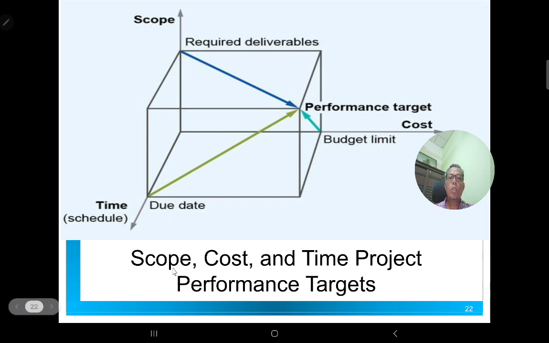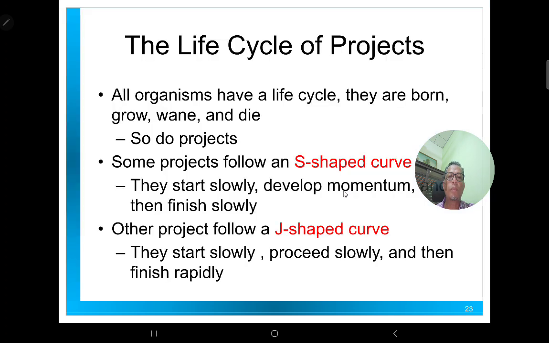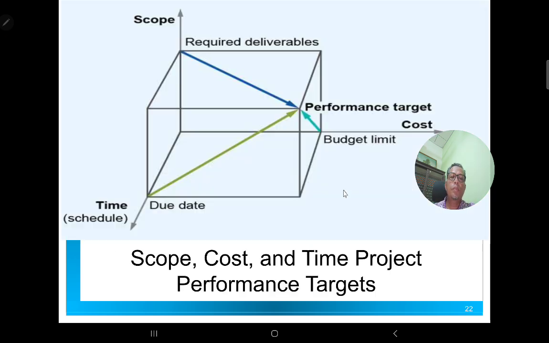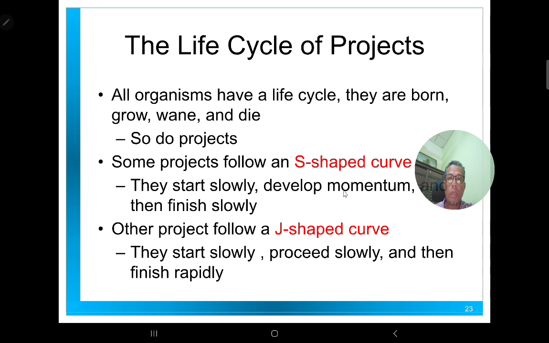So all of the scope, cost, and time should reflect the performance target at the end of the project. So time, cost, and also the due date and also the required deliverables.